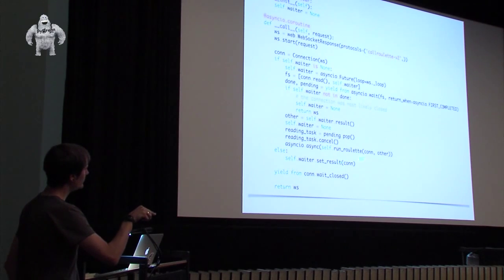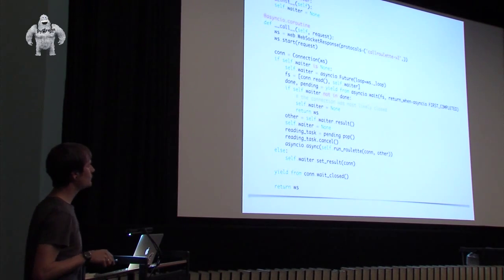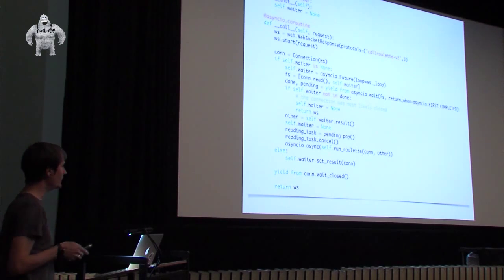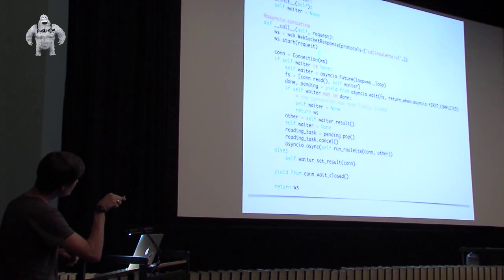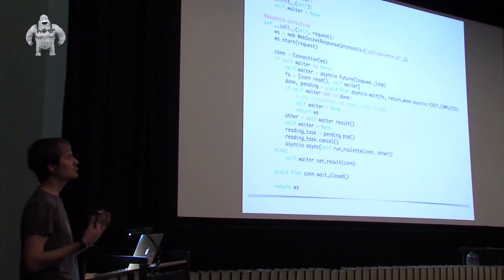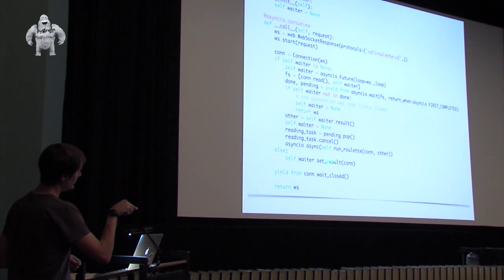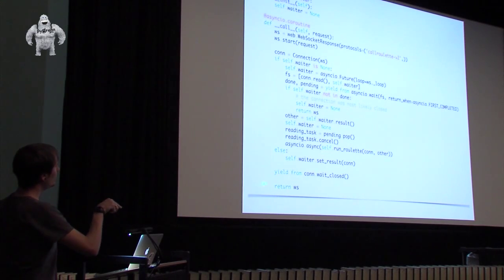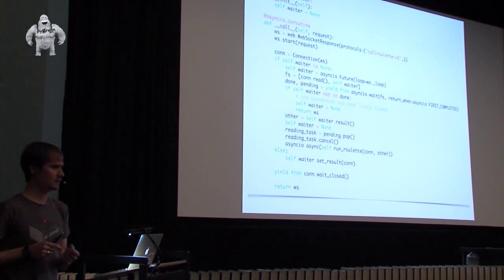So we start this task, run_roulette, passing both connections, and then we do all the setup between them. Now, if the waiter is not None, it basically means that there's another connection waiting. So we set ourselves as the other party by setting our result. And then once we're done, all we need to do is wait until the connection is closed.